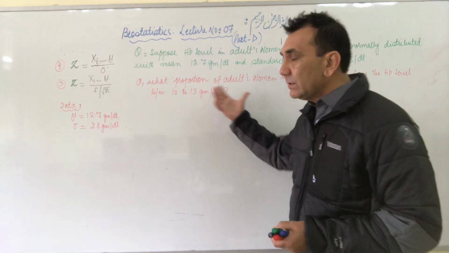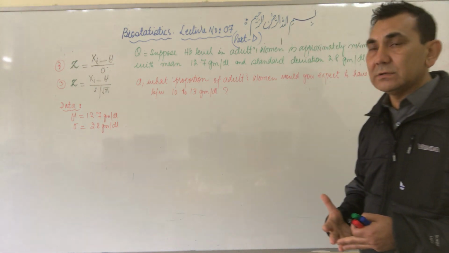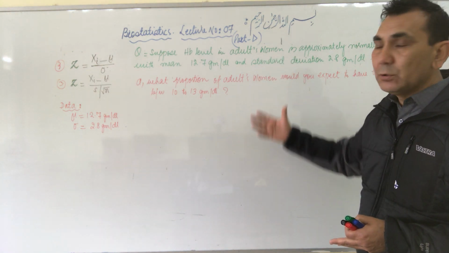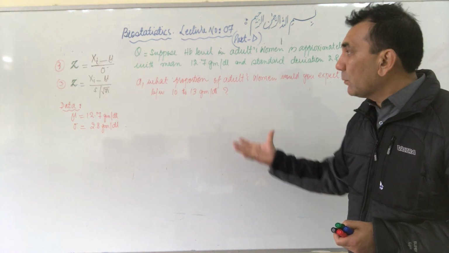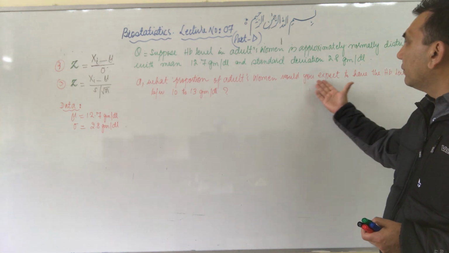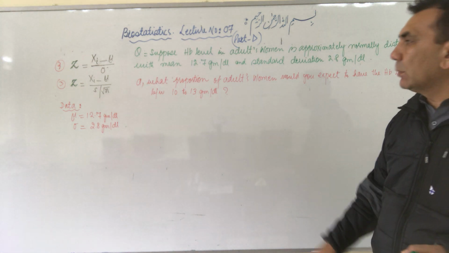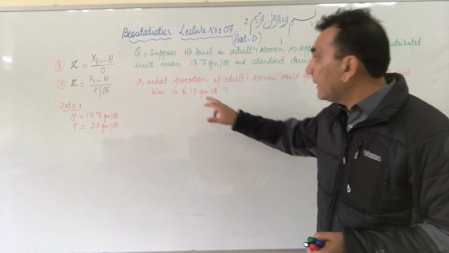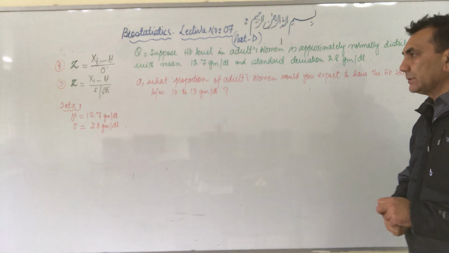The question is: what proportion of adult women would you expect to have a hemoglobin level between 10 and 13 gram per deciliter?